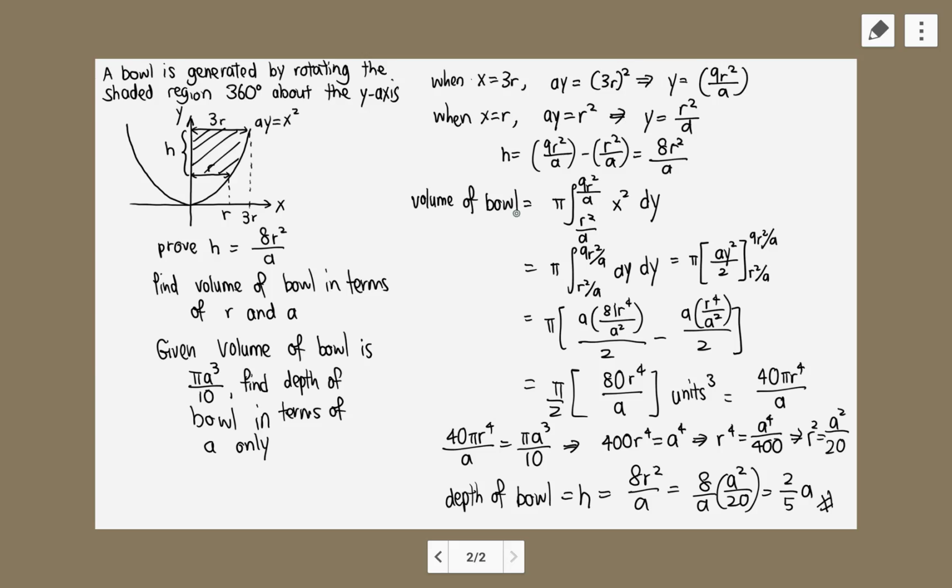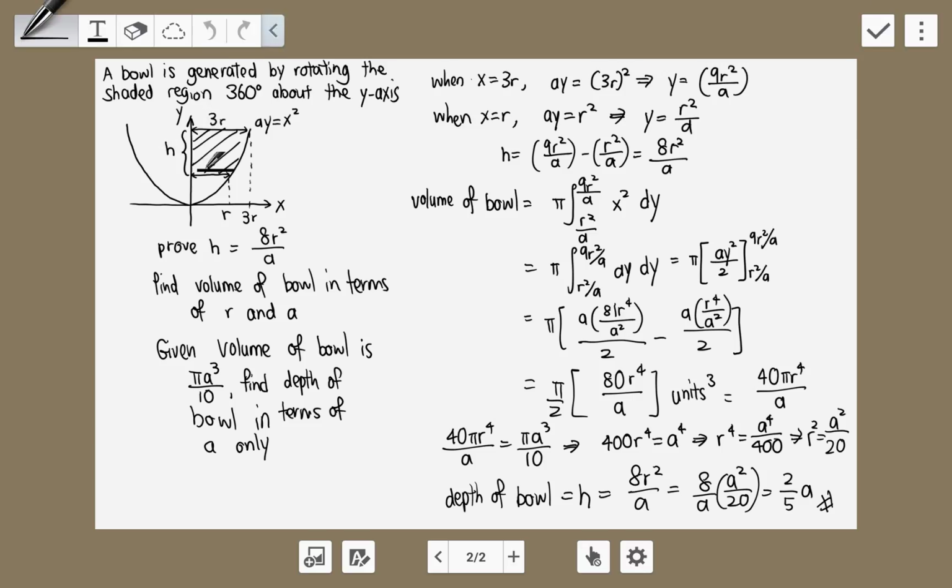So for the volume of the bowl, we make use of this idea: the bowl is the volume of the solid generated when we rotate this shaded area 360 degrees about the y-axis. That means we integrate with respect to y from r squared over a, which is this point we have found earlier, up to 9r squared over a, which is this point.